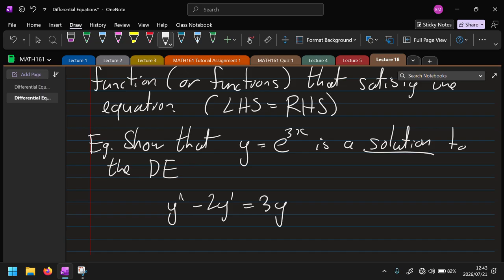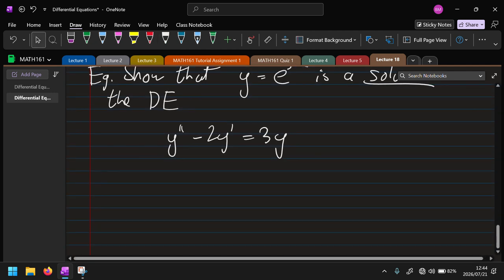So we've got a differential equation. We have something that is possibly a solution. We want to check, is this a solution? If we substitute it into the left-hand side, we get some value. We substitute it into the right-hand side, we get some value. If those are the same, then it satisfies the equation. So let's check.